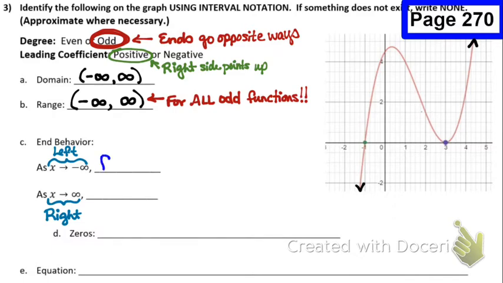So I need f of x, because I have to explain that I'm talking about the graph now. So I'm going to use function notation. How do I explain it's going down? Negative infinity. What should the last part of this next sentence be? Just infinity.